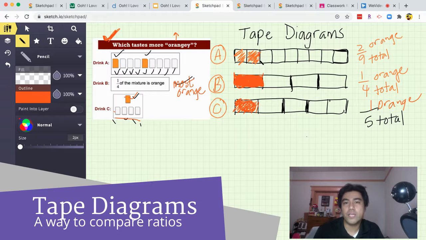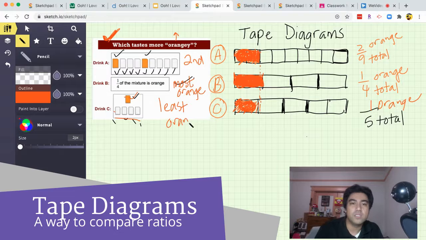Now, if we look at drink A and C and try to compare those two, we can see here that A's orange section is slightly bigger than C. In fact, if you draw this line right here to kind of compare the two, you can see that A is slightly longer than C. A has a little more orange than C. So this one's second place, and this one is the least orangey drink.